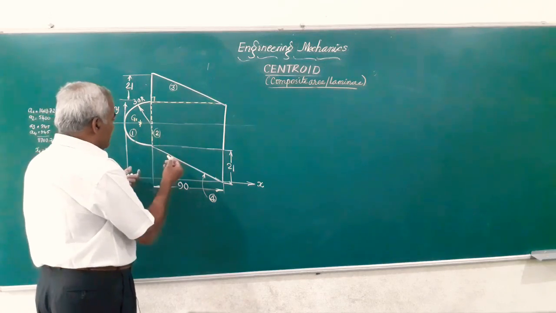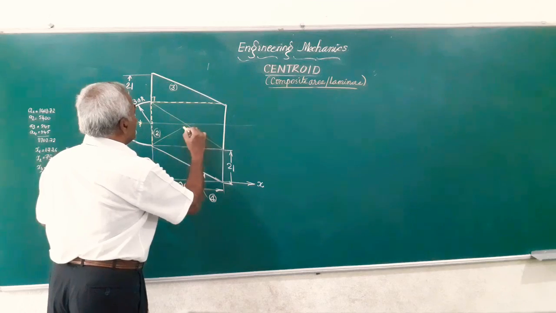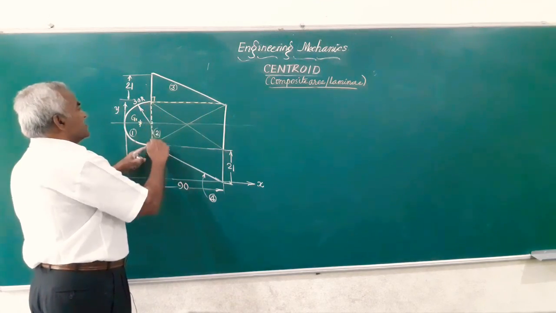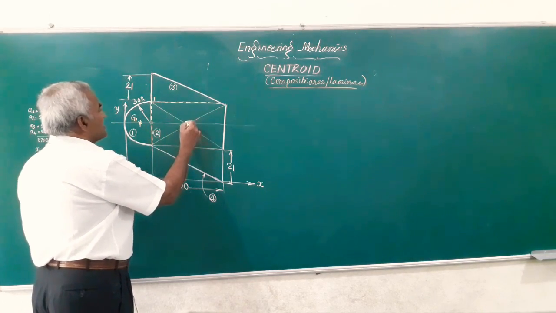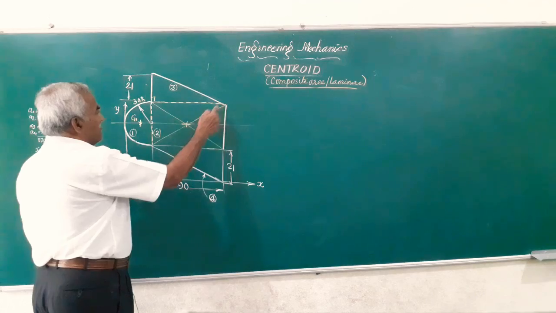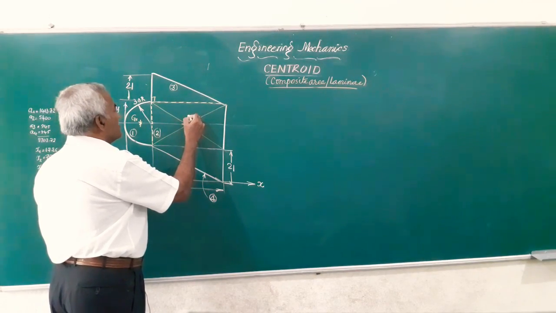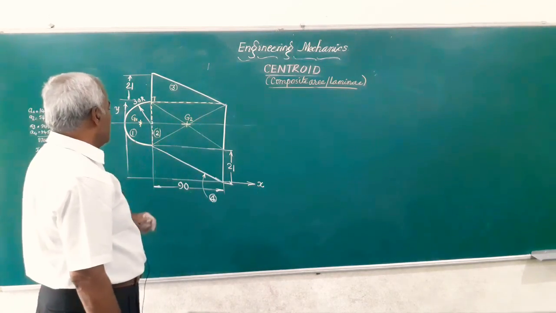The second figure is a rectangle having dimensions 90 width and height equal to 60. The centroid of this is obtained by joining the diagonals of the rectangle. Since this is figure number 2, we will call this G2, the centroid of the rectangle.